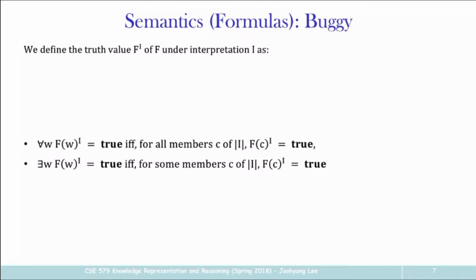So the second approach is, instead of object constants, the change is here: for all members of the universe. When you plug in all the members, then this must be true. For instance, with the same example as before, Q X A, this is true if and only if for some member.